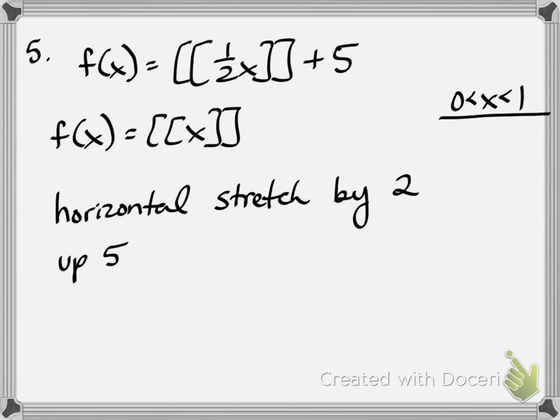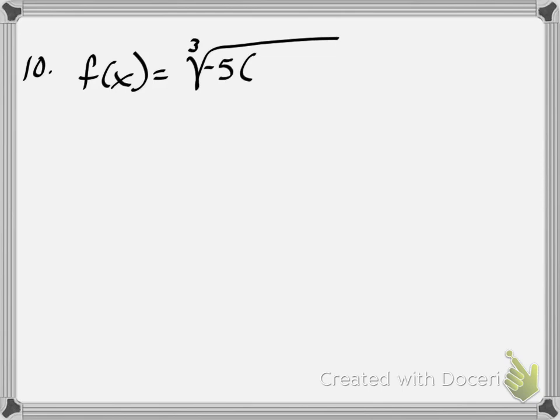All right, number 10. I want us to look for reflections first. And you notice there's a negative. That negative is inside with the x. And you might say, no, it's not.